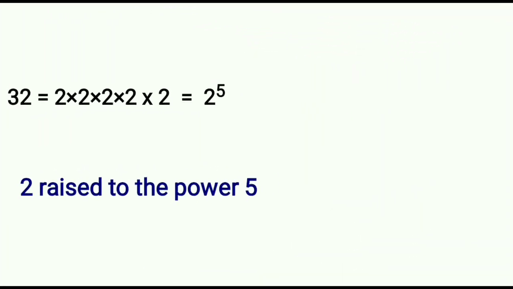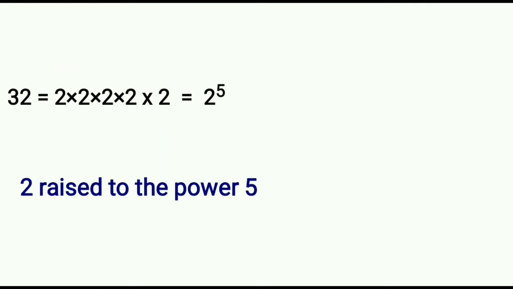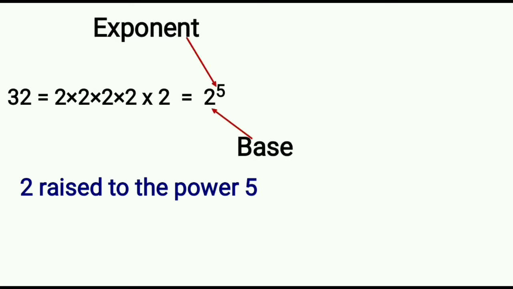Here, prime factors of 32 are 2 multiply 2 multiply 2 multiply 2 multiply 2. Here, there is a number 2 which is repeated 5 times. So, we can write it like this. We can read it as 2 raised to the power 5. Here, 2 is base and 5 is exponent.